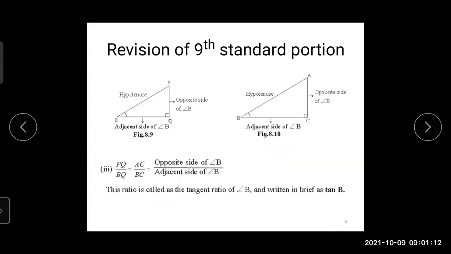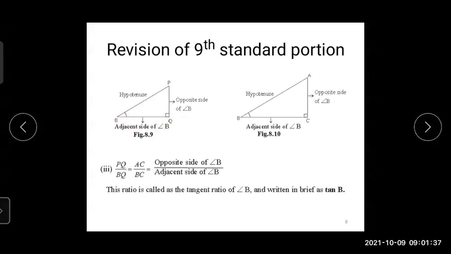Now next is tan. It is also known as the tangent ratio, and in short, it is known as tan. So now see here, opposite side of angle B is PB, and adjacent side is BQ or QB, you can say.